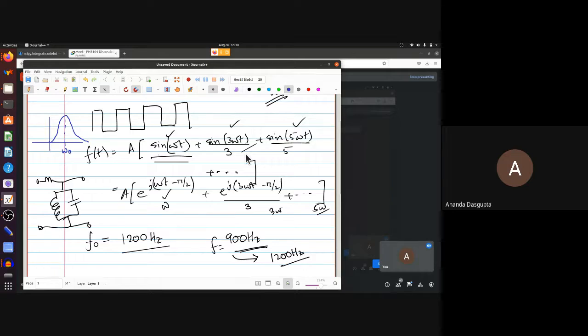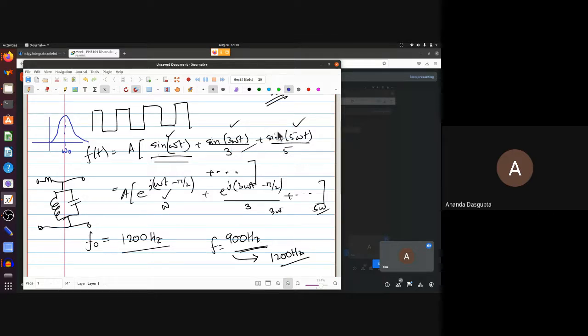Because when your input is 400 hertz as a square wave, that actually has a 1200 hertz sine wave in it, whose amplitude actually is 1/3 the amplitude of the original 1200 hertz sine wave. So you will again see a peak. This peak will be smaller in size than the original peak. How much smaller? That's sort of obvious. It will be 1/3 the size of the original peak.